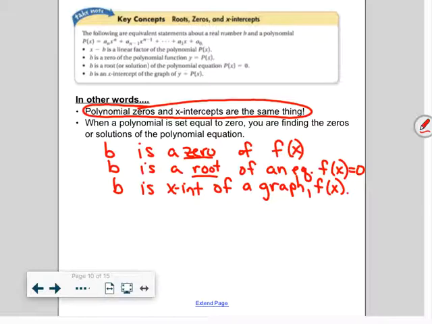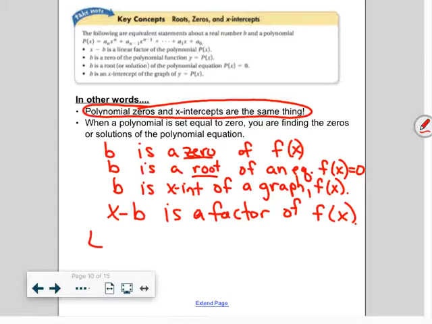There was no equals, okay? b is a root if you have an equation, and b is an x-intercept of a graph. Now this last one, and I'm going to have you do an example. x minus b is a factor of, and I'm not sure that makes a whole lot of sense. So let's do this.